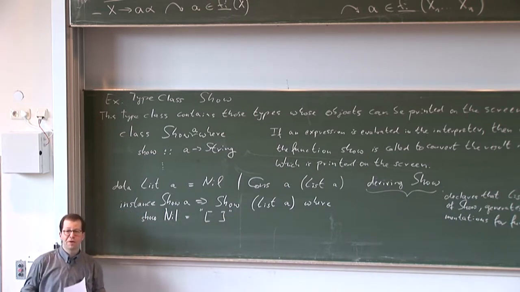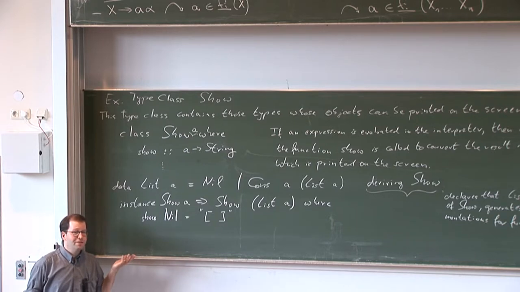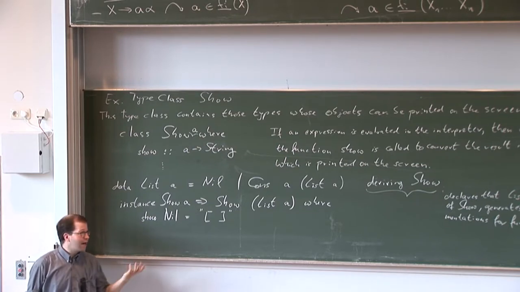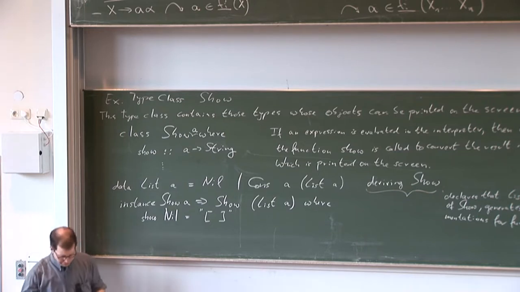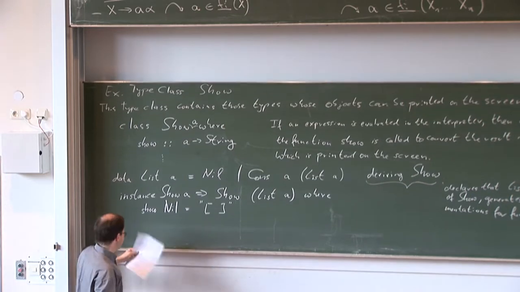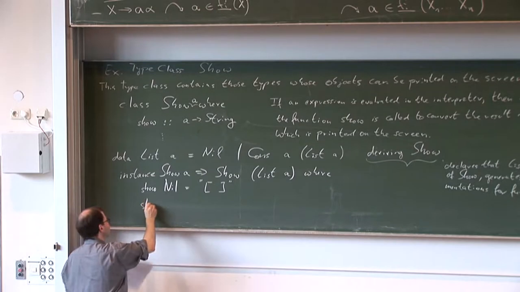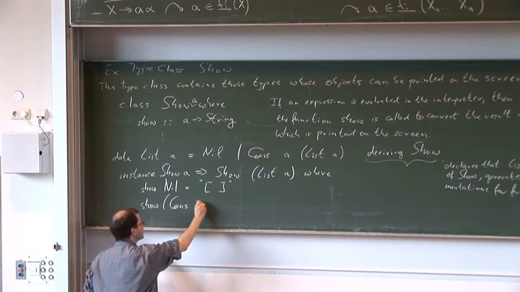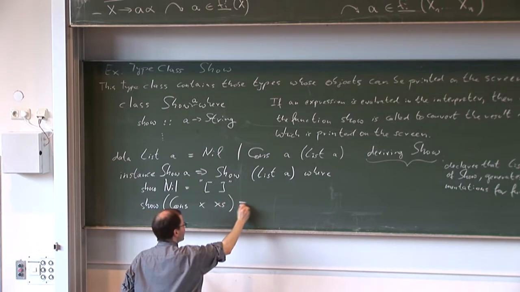And you can now see how we can make our own lists behave like predefined lists. Just by defining the show function in an appropriate way, our own defined lists will look like predefined lists when you see them on the screen. Now, how do we represent lists which are not empty on the screen?